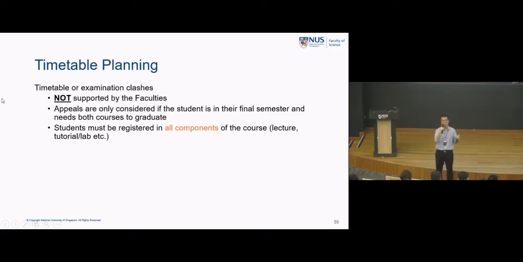But because course A has only one tutorial class, and that timing clashes with the lecture timing of course B, then you can't do course A and course B together as well. Okay, so when you read higher level courses where the number of tutorials or lab classes is not as many, sometimes only 1 or 2, you need to be very mindful of clashes, because if you are registered for a course, you must be registered in all components of the course, and you must make sure that no clashes happen there as well.